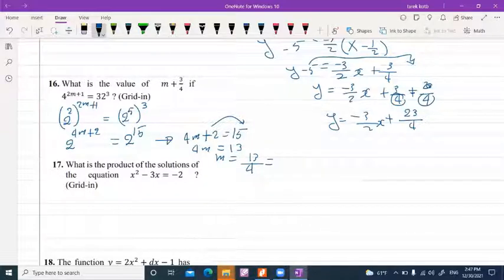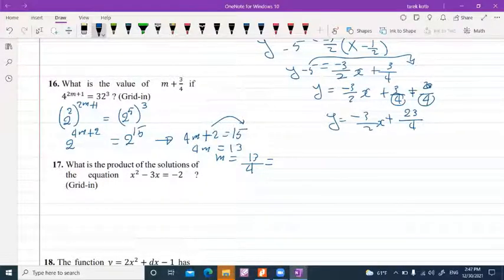Okay, so this is number, let me discover something. Three times 15 and 2m plus 2. Oh, this is 4m plus 2.